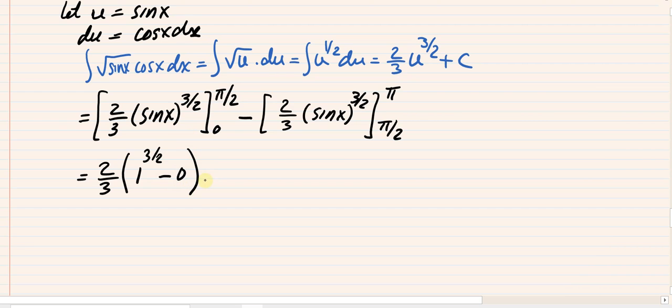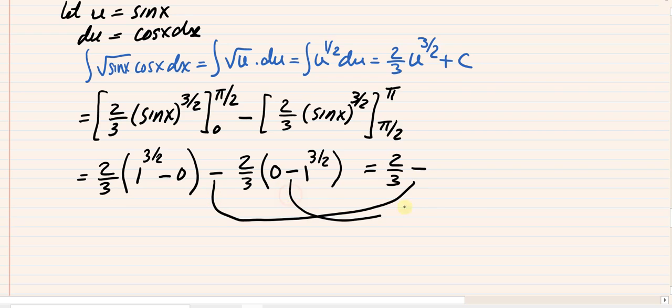Minus 2/3 times: upper limit, sine of pi is 0, and 0 to 3/2 is 0, minus the lower limit, sine of pi over 2, which is 1, and 1 to 3/2 stays 1. Within the parentheses I have 1 in both, so that's just 2/3 minus 2/3 times negative 1, and the negative in front makes it positive 2/3.